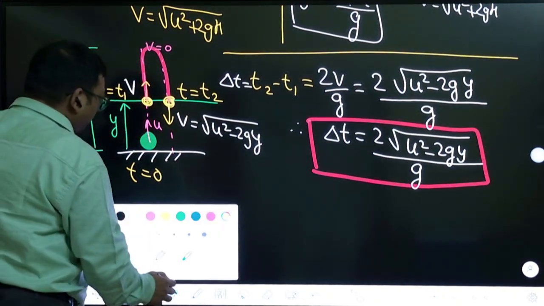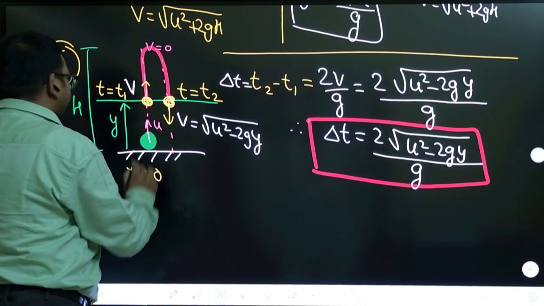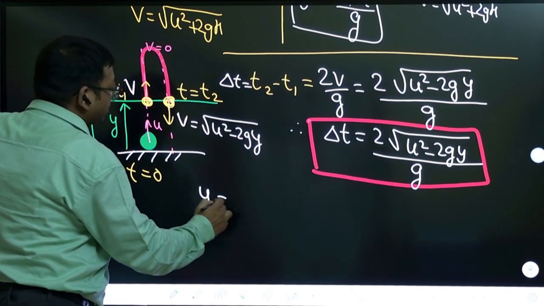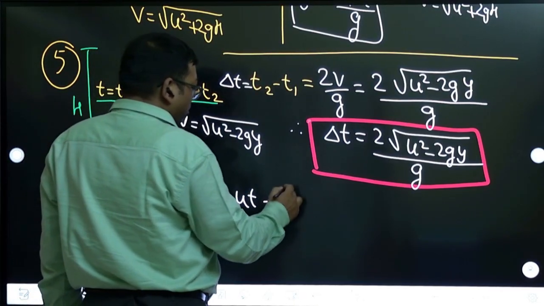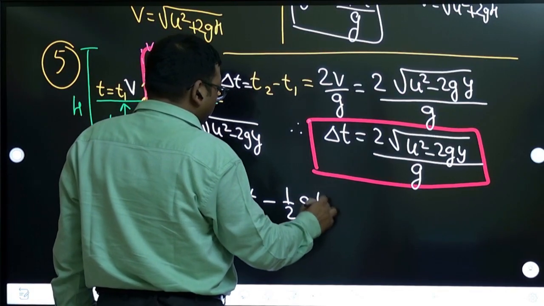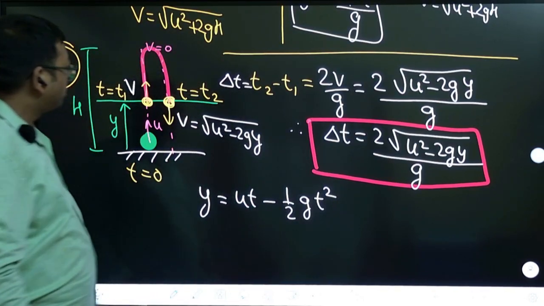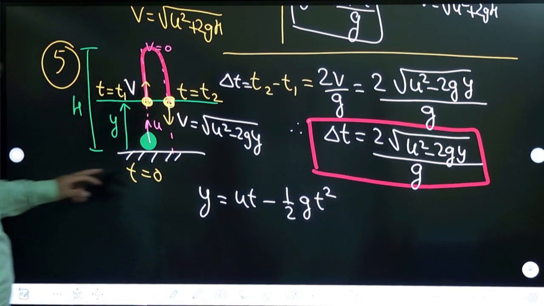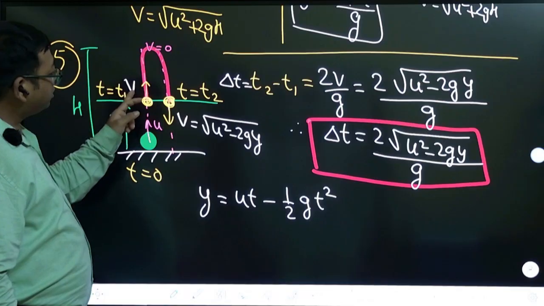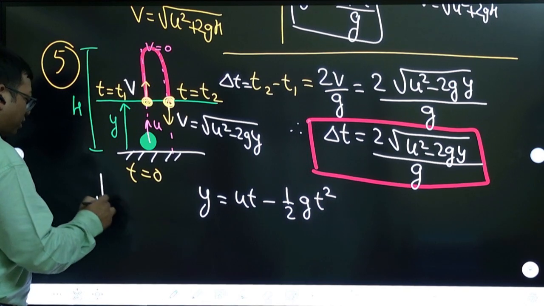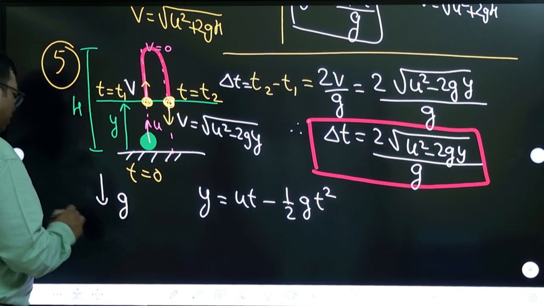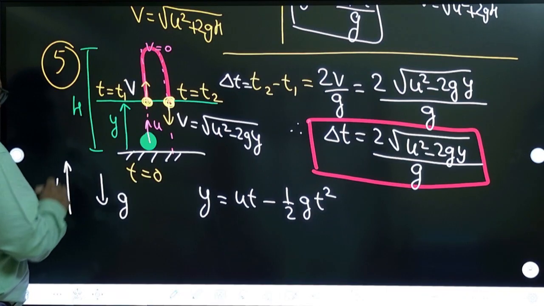That approach is, let us say this is the displacement, so write the formula for displacement. y is ut plus half at square, but here you have to write minus half gt square, because from here to here when you are writing, the acceleration is downward g and the upward motion is upward.